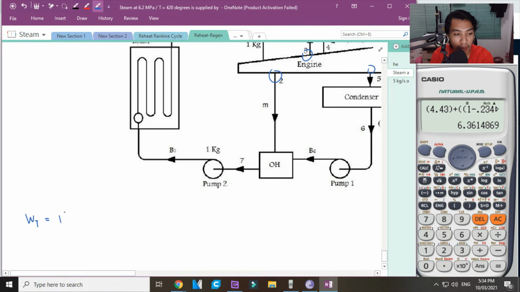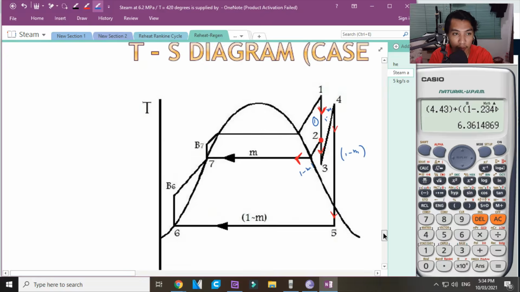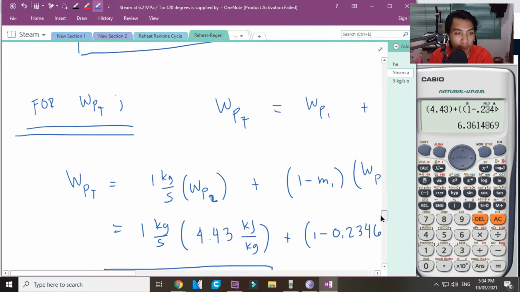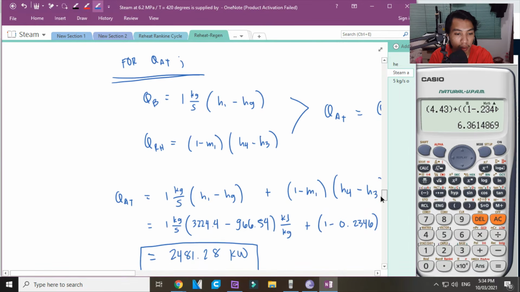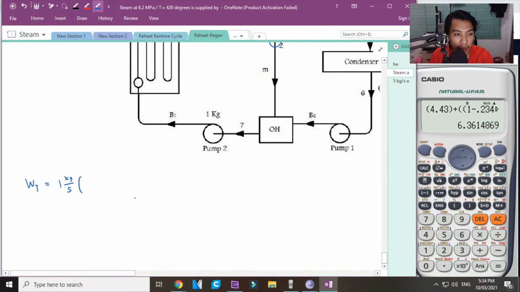That is 1 kilogram per second multiplied to H1. That is H1, 322.4 kilojoule per kilogram minus M1, 0.2346 kilogram per second.